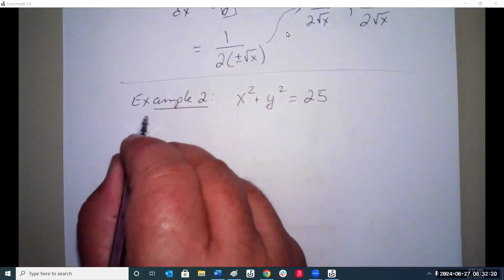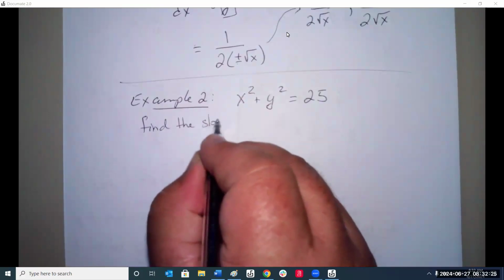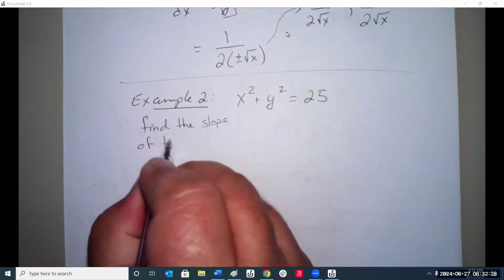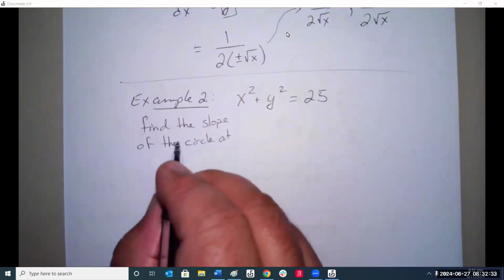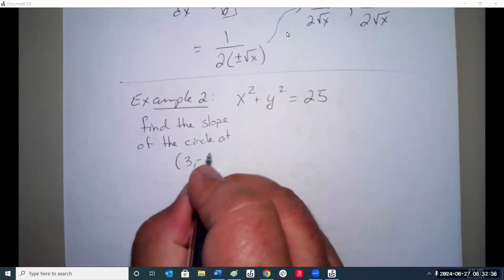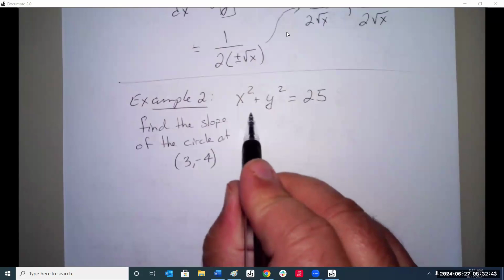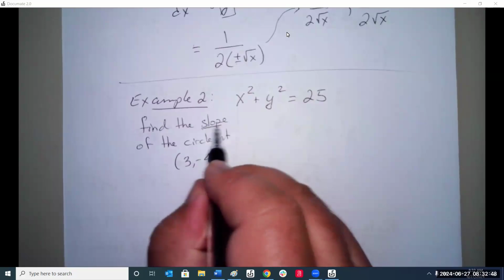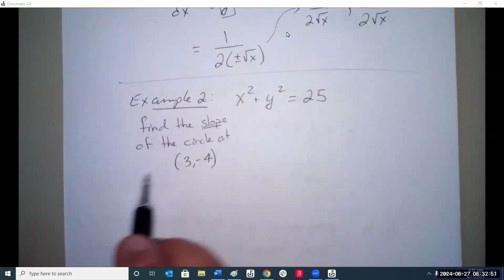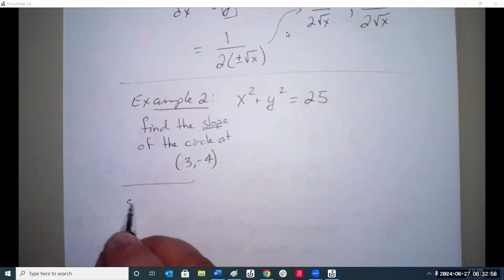What this is asking is, find the slope of the circle at the point (3, -4). Remember, what this one's looking for is asking us to find the slope. That's what the question is asking for at this point. So what is the slope?